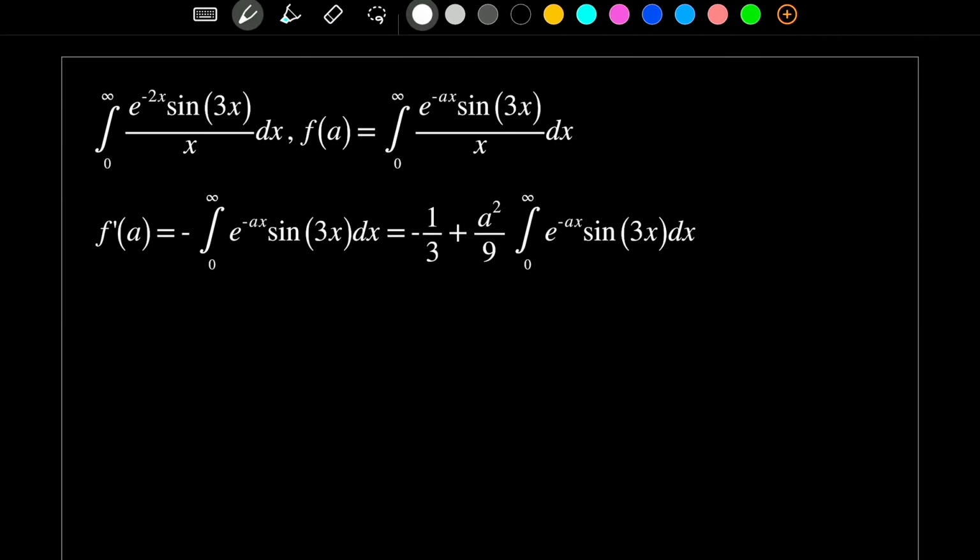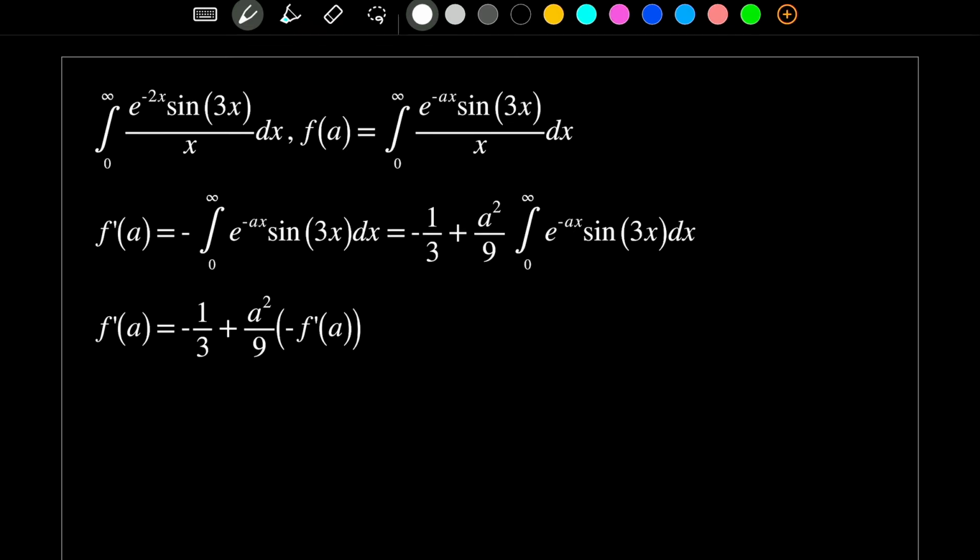So we're going to get that f of a is equal to minus 1/3 plus a squared over 9. And then again, these integrals are the same, so we're actually going to get minus f of a like so, or actually the derivative of f of a.